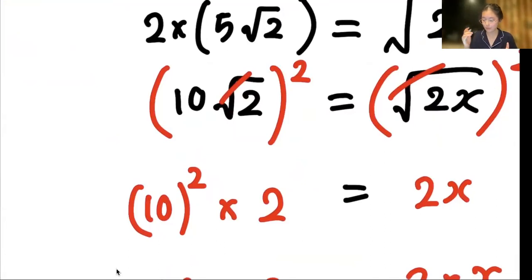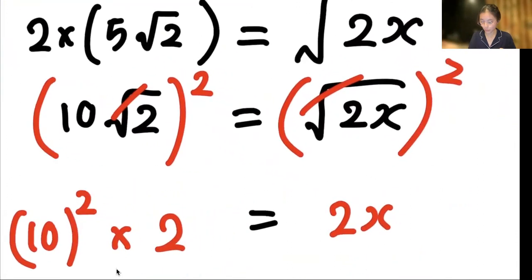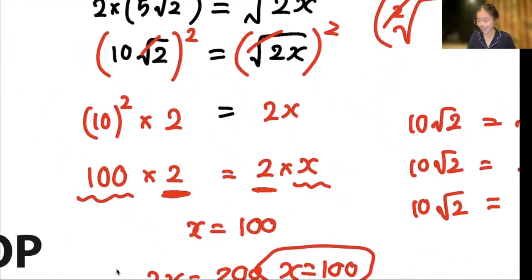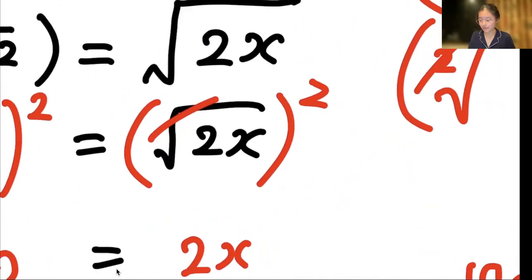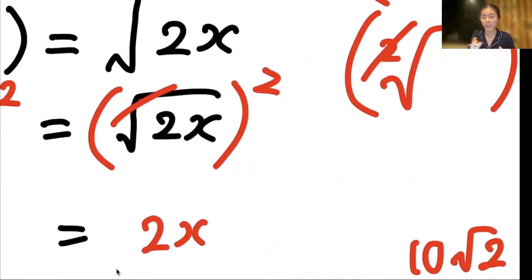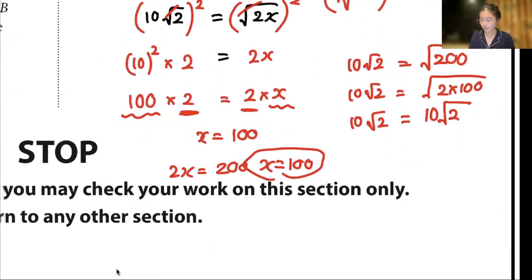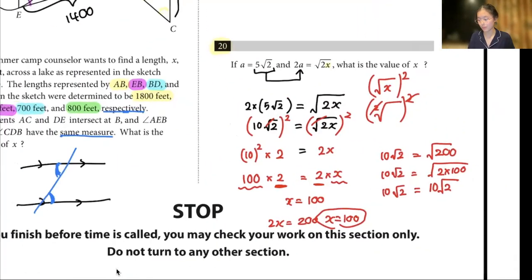So 10 squared times 2, because the square root is eliminated by the square. And then for the other side, there's only a square root, so it just disappears, or it cancels out, if you want to call it that. And then you get to the answer. So that's the second thing you need to know.